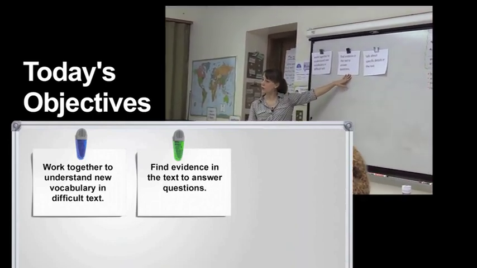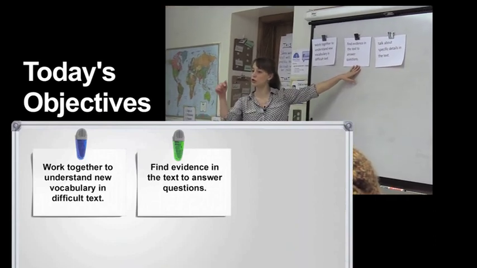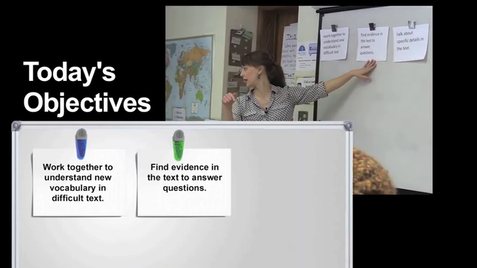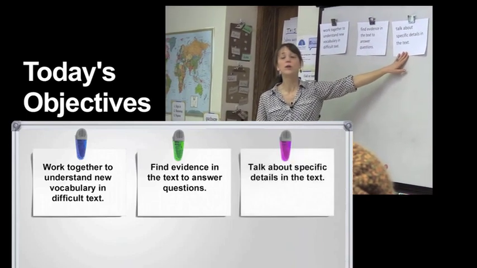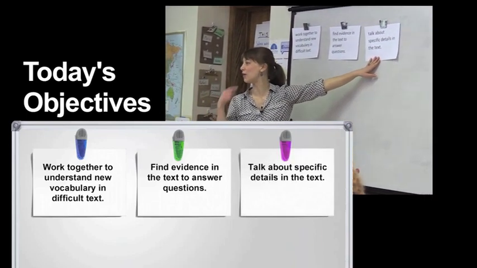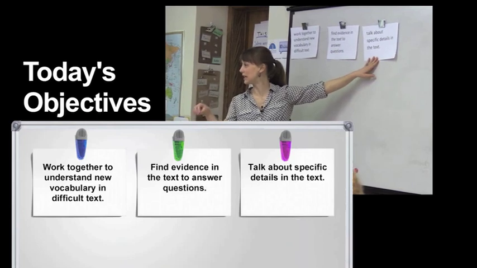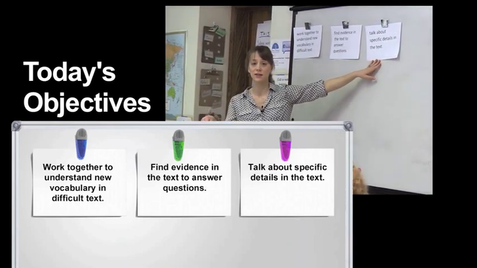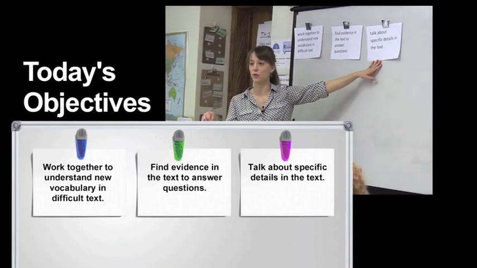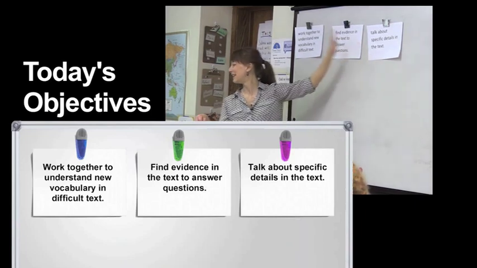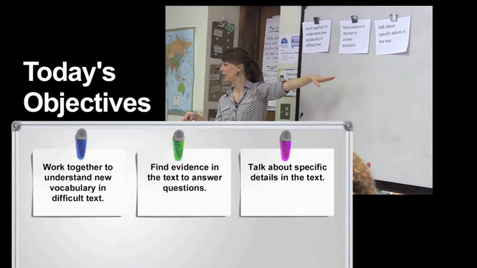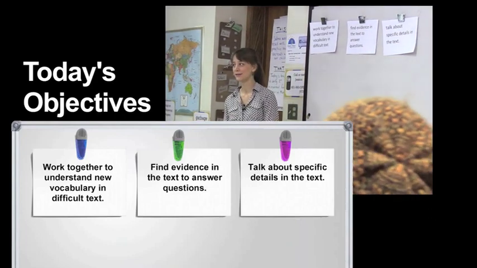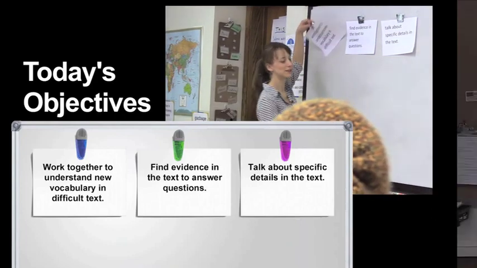So answering the questions, but also being able to show where I found that answer in the text. And then finally, we're going to practice talking about the specific details that we see in the text that help us understand the answers to the questions. These are our objectives for today. This is what we're going to work on learning. Any questions about those? No? All right, let's get started.